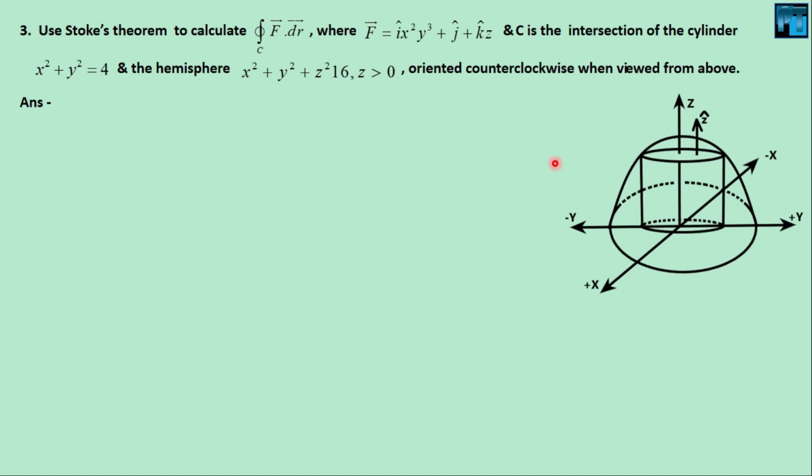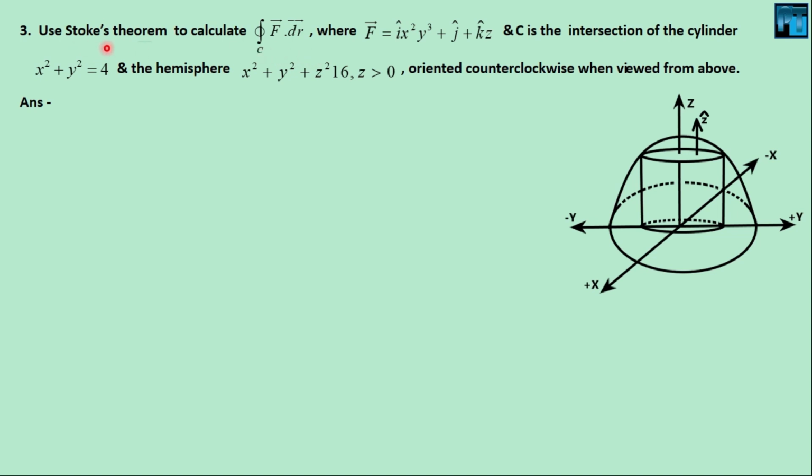See, what is C actually? C actually is this contour. It is the intersection of this hemisphere and the cylinder itself. Clear?